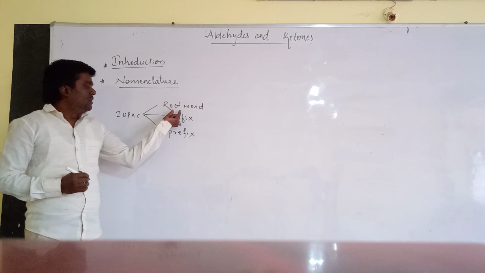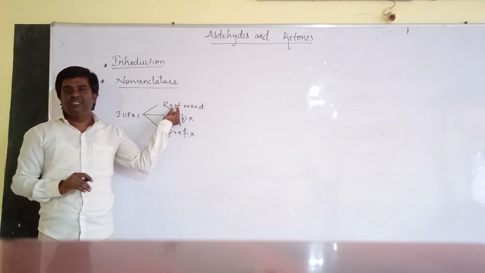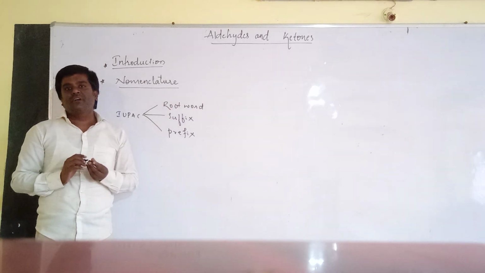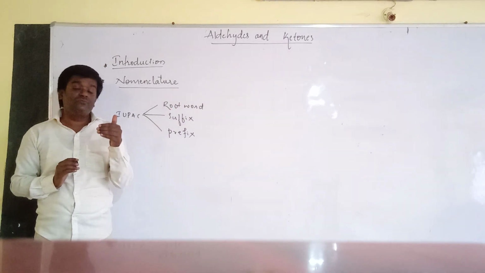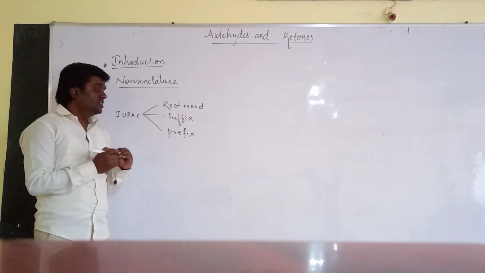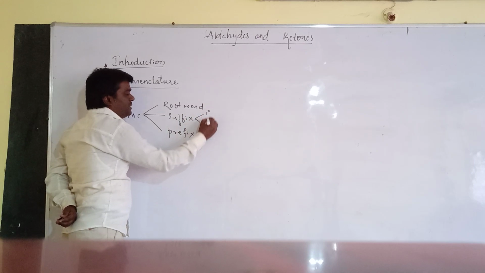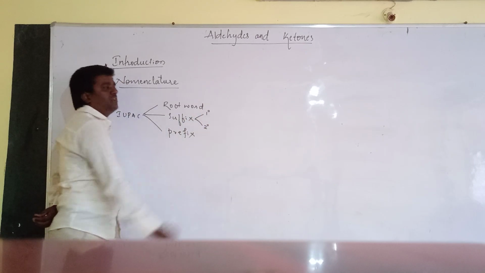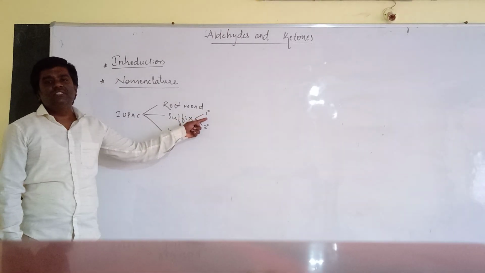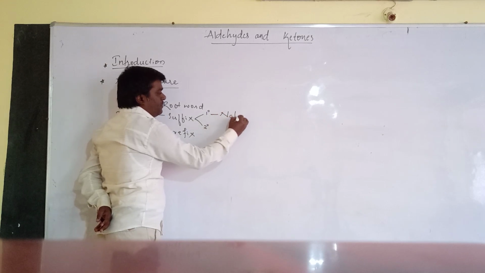The root word indicates the number of carbon atoms present in the organic compound. Based on the number of carbon atoms in the compound, different roots will be given. The suffix is further divided into 2 types: primary suffix and secondary suffix. The primary suffix indicates the nature of an organic compound.